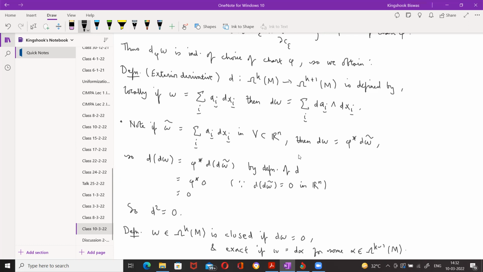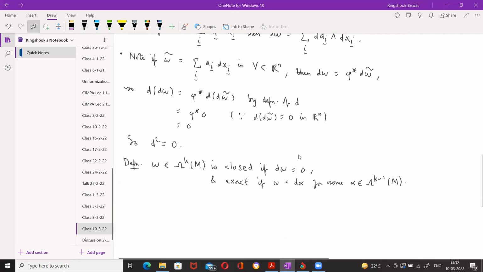So it's clear that the closed forms form a subspace of the space of K forms, and the exact forms form a subspace of the space of closed forms, because d of omega will become d of d alpha, which is 0. So any exact form is closed.